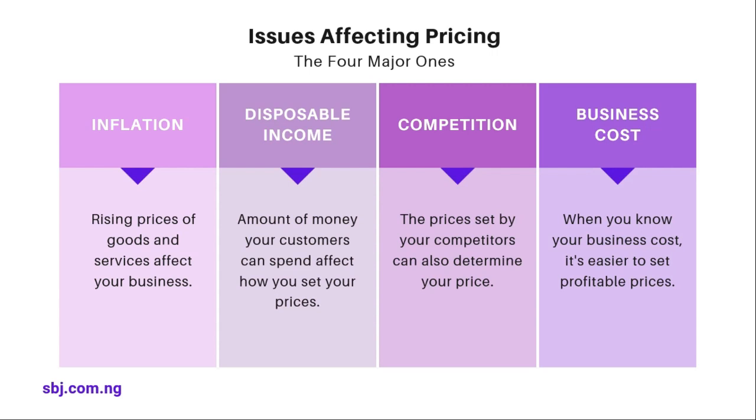You're spending so much on salaries, on labor costs, your prices will be affected in one way or the other. And it is normal that your product must be sold at a price that is higher than your business cost, which we're going to get to in the next module.